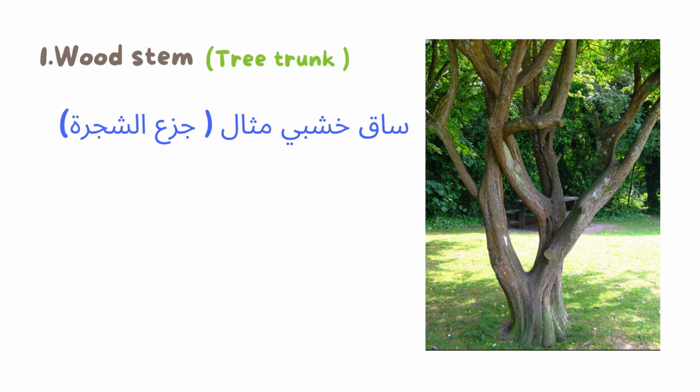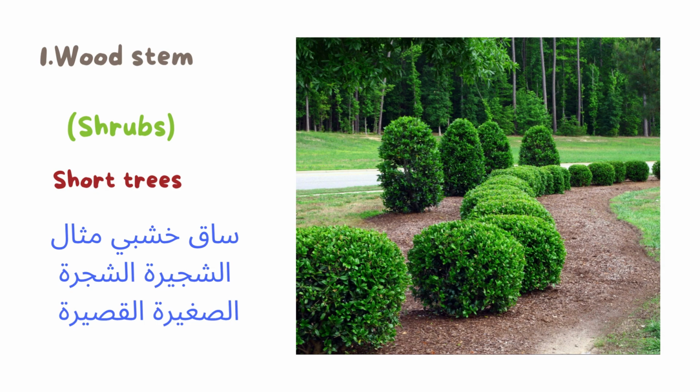Also wood stems are found in shrubs, short trees. Here the stems are wood stems in the shrubs. So we have wood stem as the tree trunk and the shrubs.